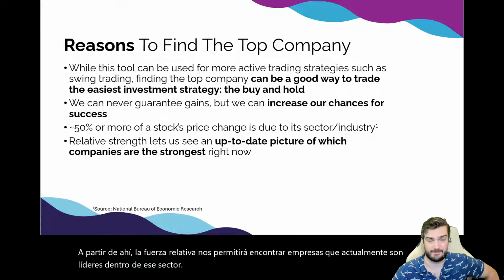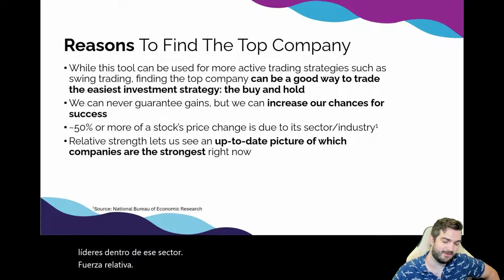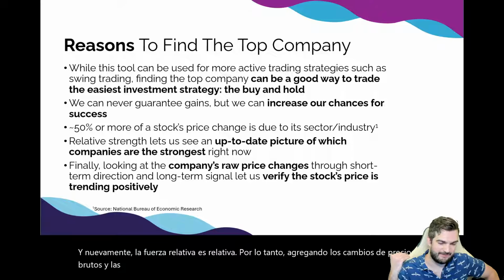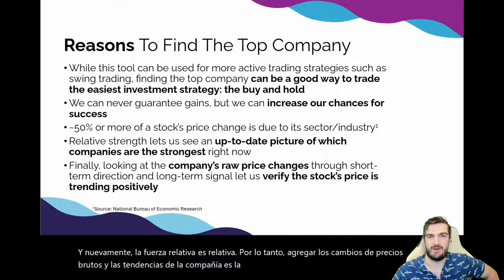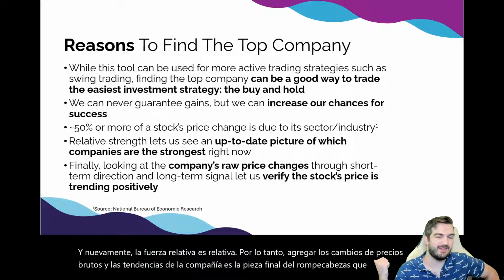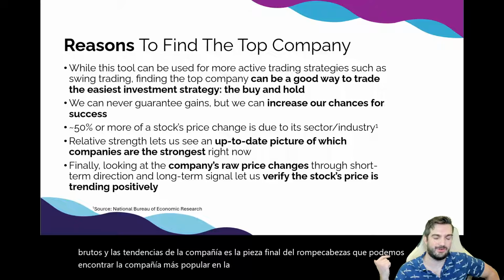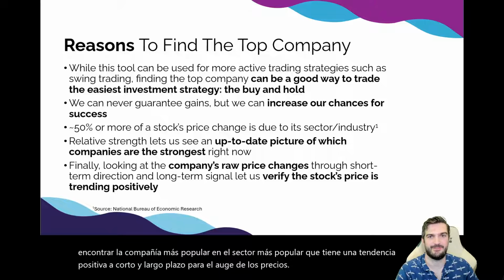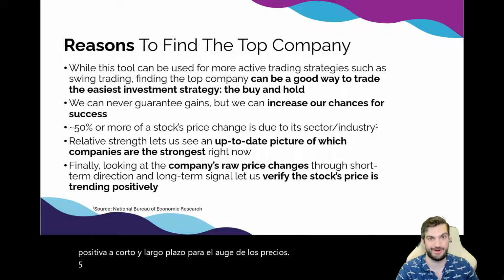And again, relative strength is relative, so tacking on the raw price changes and trends of the company is the final piece of the puzzle so that we can find the hottest company in the hottest sector that's got a short and long-term positive trend for price. Boom. 5 minutes or less. Not the explanation, strategy.